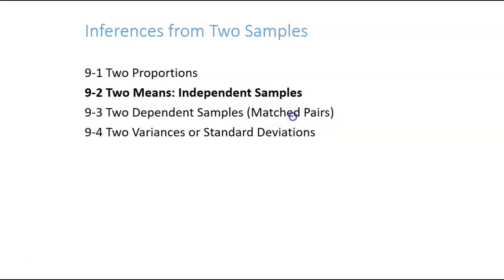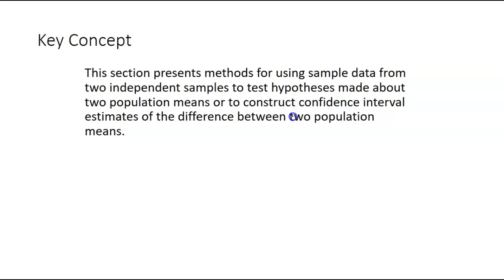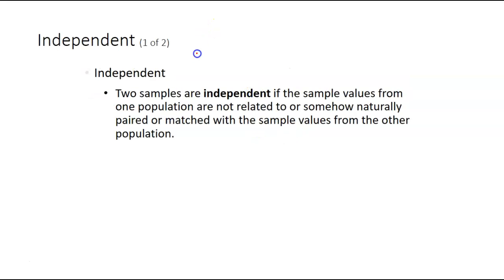This will be what we can call matched pairs. In the first section here, we're going to be looking at two independent samples and seeing how to conduct the hypothesis test and the confidence intervals for the difference between two population means. Two samples are independent if the sample values from one population are not related or somehow naturally paired or matched with the sample values from the other population.